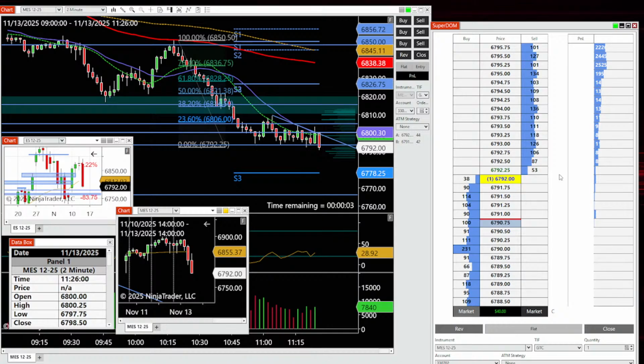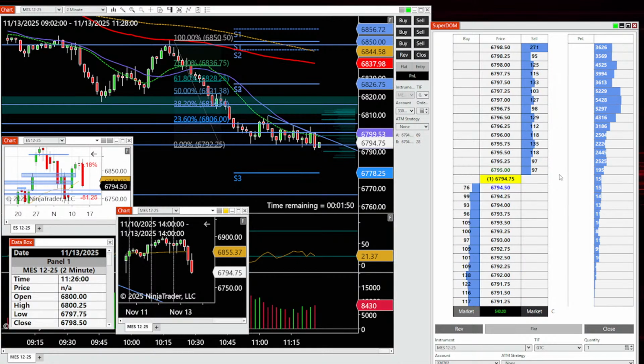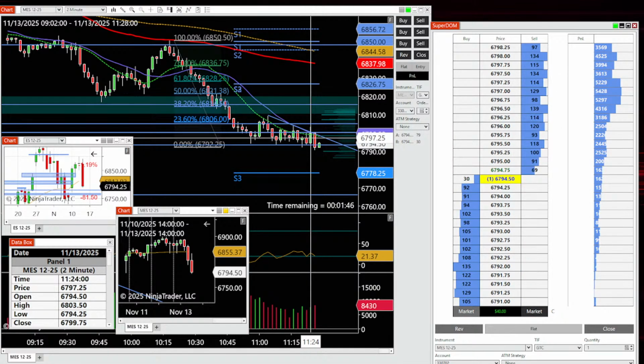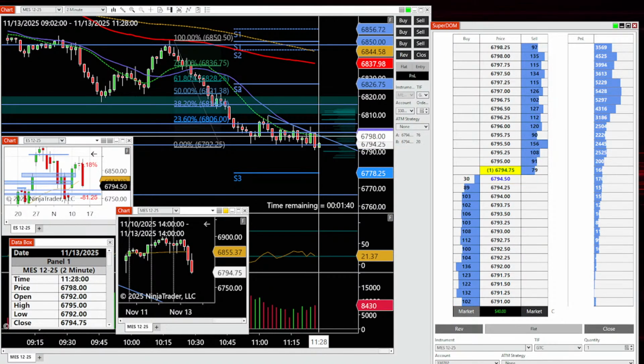See this? Just not something I want to be in with the pullbacks. With these little pops. Break a low. Pop up to 03. Break a low. Back pop up.